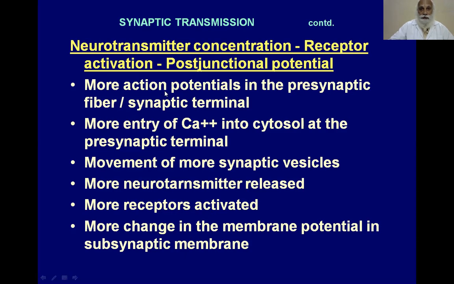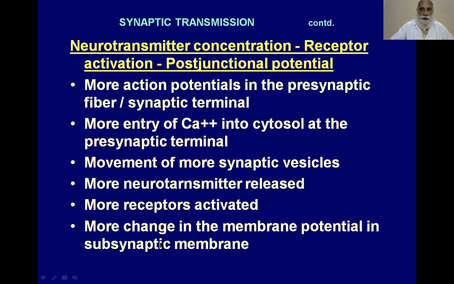So the action potential that has come to the synaptic terminal is bringing a series of changes, ultimately changing the membrane potential of the postsynaptic membrane, thus producing a postsynaptic potential.